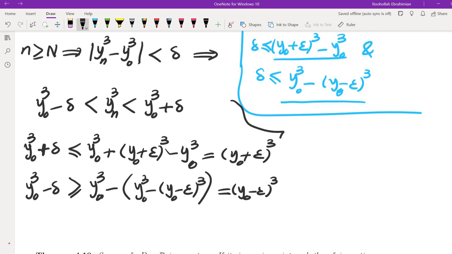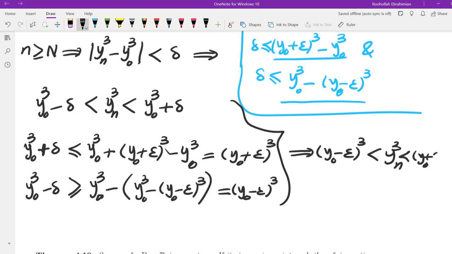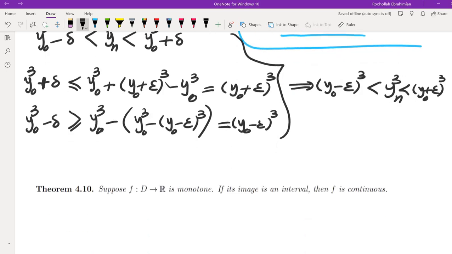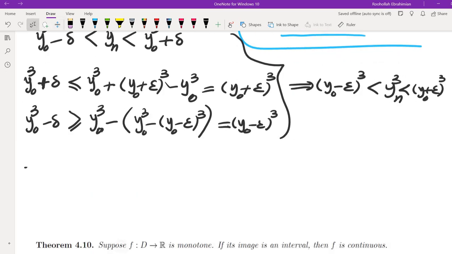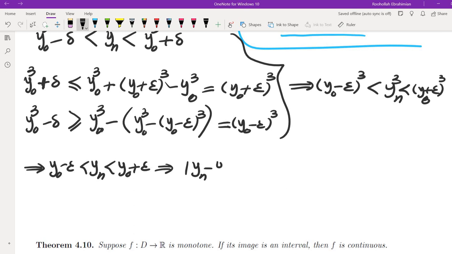If you combine these three inequalities, you would get (y0 - epsilon)^3 is less than yn cubed less than (y0 + epsilon)^3. And finally, by properties of inequality, we are going to get yn is greater than y0 minus epsilon and less than y0 plus epsilon, which is to say |yn - y0| is less than epsilon.